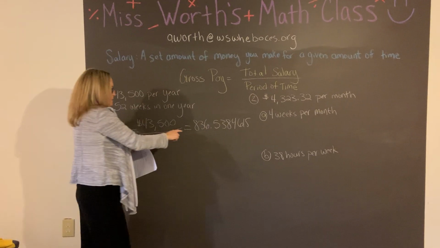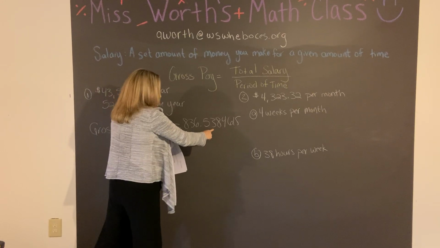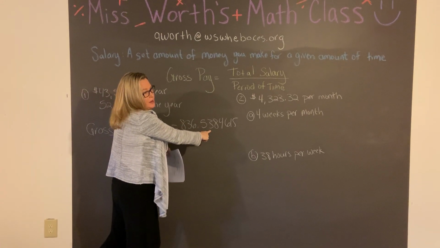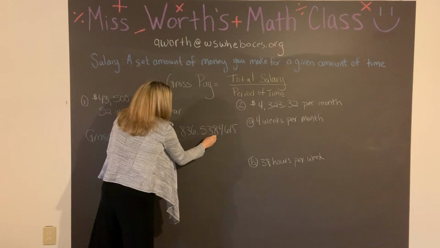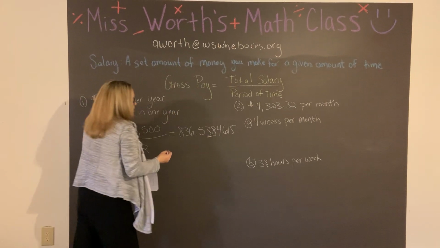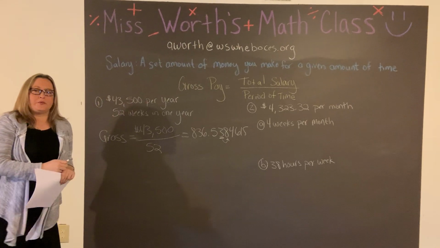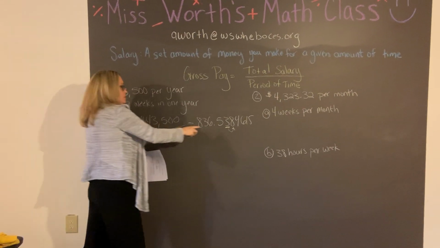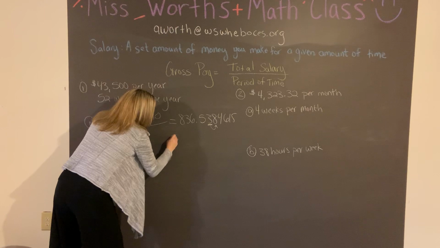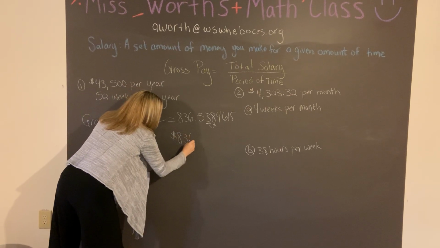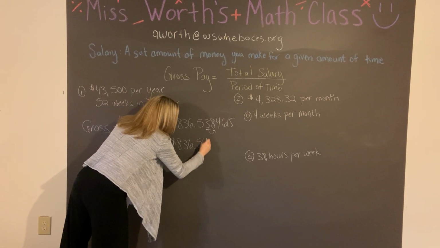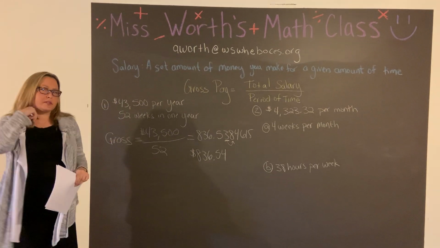So we're going to go 2 decimal places over, unless you figure out a way to cut pennies up and have people accept them. So I'm going to get 3. And remember, I like the number after it. 5 or more, raise the score. 4 or less, let it rest. Pretty sure 8's higher than 5. So I'm going to get a total of $836.54. I changed that 3 to a 4.